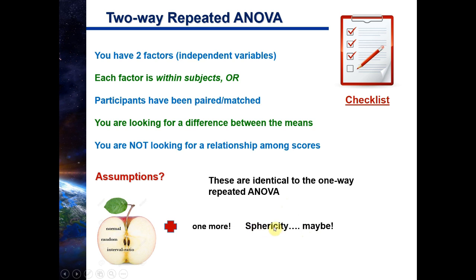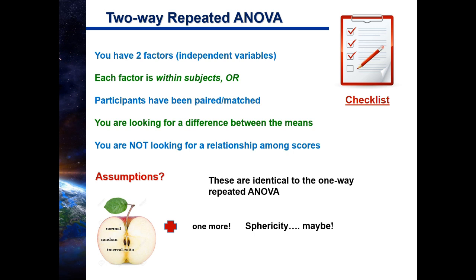All right, sphericity is one of those assumptions that's only tested when you have three or more levels of your repeated factor, of your within subjects or matched factor, all right?